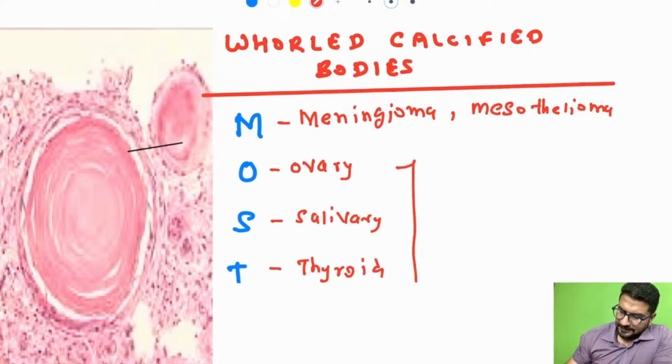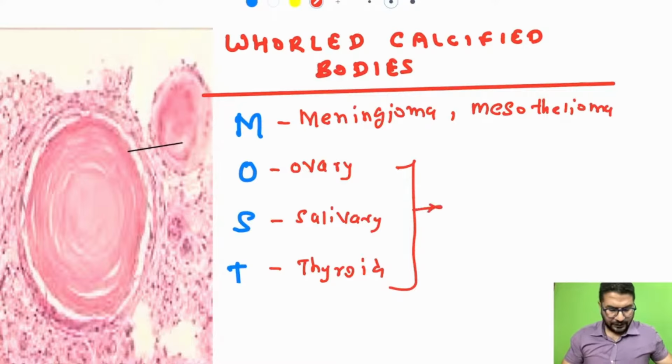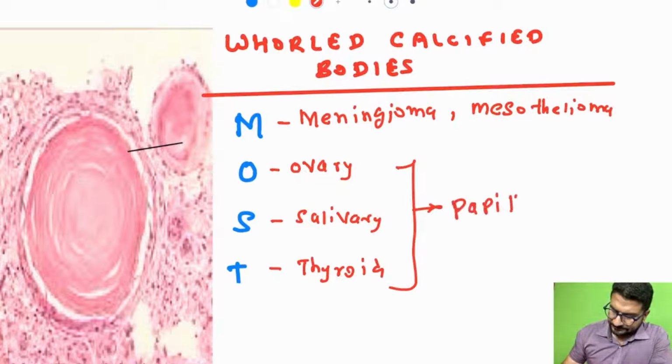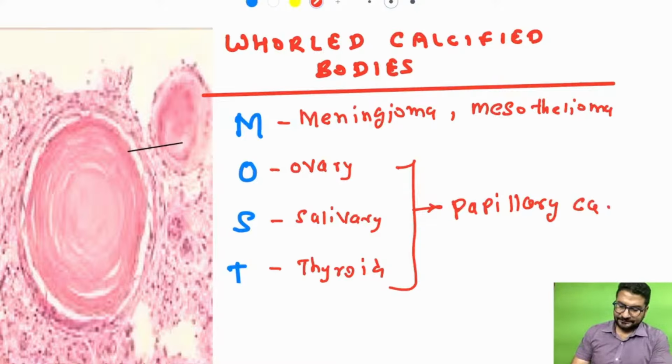Now understand, in all these three, which cancer will you see? In papillary carcinoma. So papillary carcinoma of ovary, salivary gland, and thyroid.